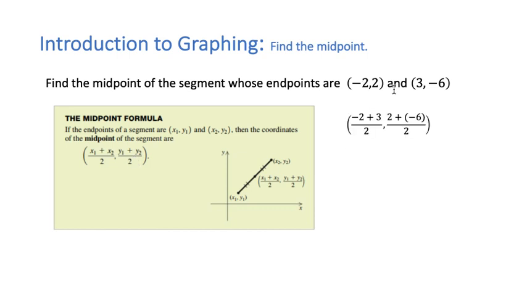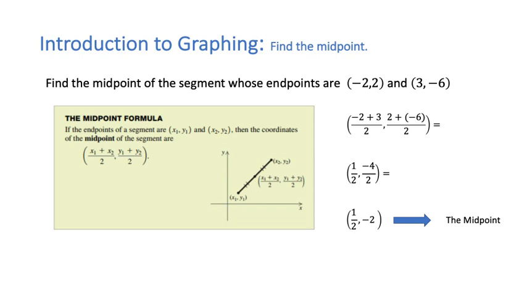So -2 plus 3 and 2 plus -6, adding the x values, adding the y values, and then dividing by 2. And I worked it out for you. So we get 1/2 for the x coordinate and -4/2 for the y coordinate. And when we simplify -4/2, it's equal to -2. So (1/2, -2) is the midpoint.